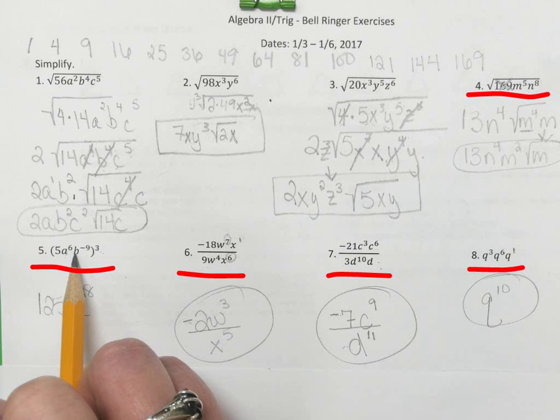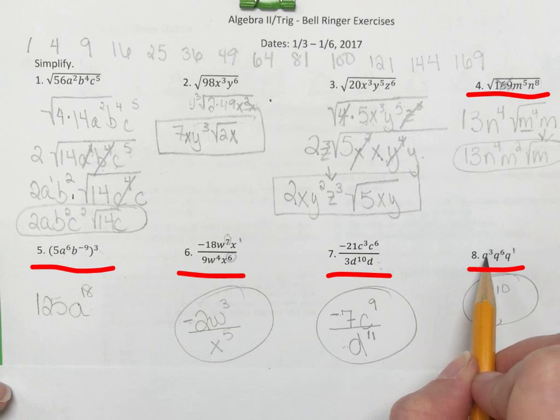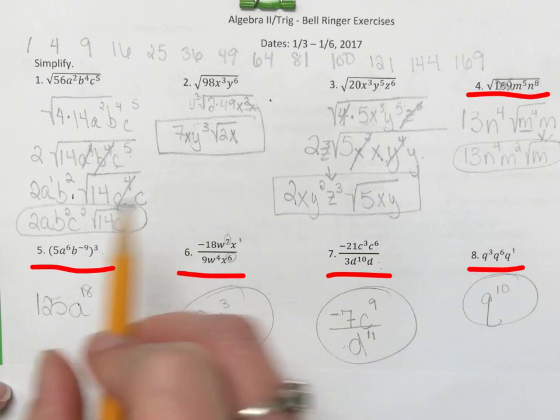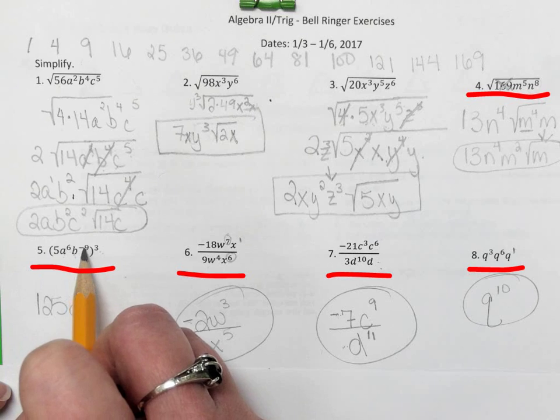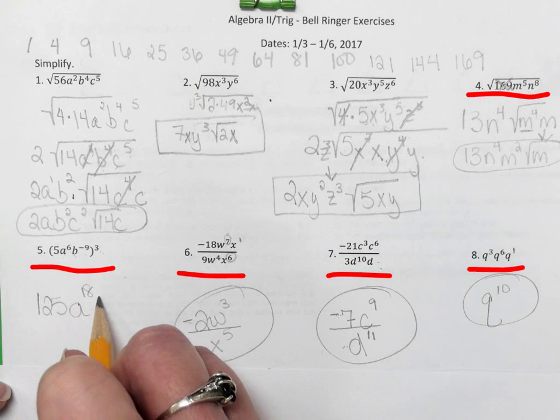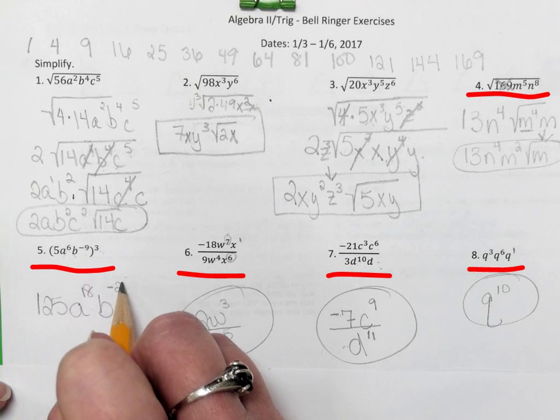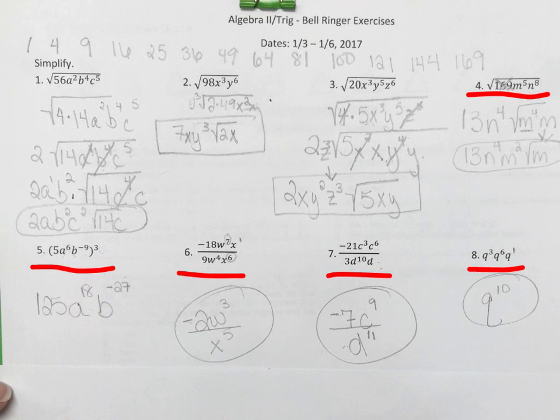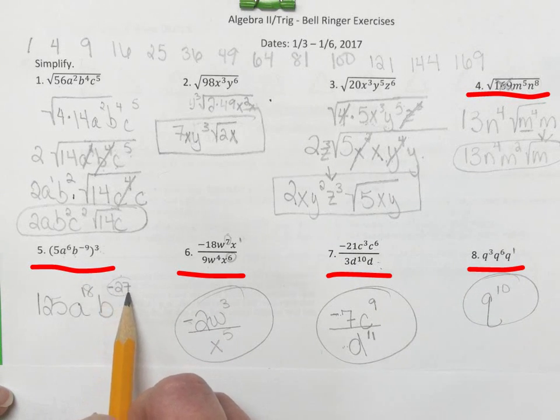All right, how many bases of B do you have? You have 1 B. You only see like right here how I have 3 bases of Q? There's only one b here. So that means you multiply these two. That gives me negative 27. But the only problem is you don't want negative exponents. So I have to fix this right here.